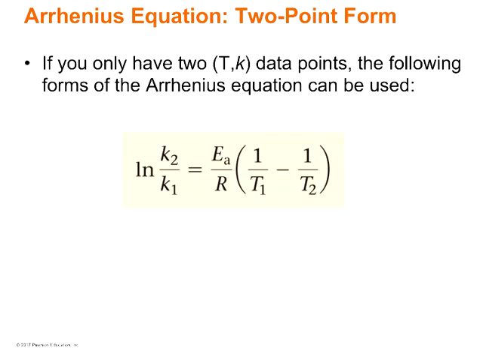Now there is another form of the Arrhenius equation. This is kind of similar to the Clausius-Clapeyron equation that we saw in Chem 162. So this is the 2-point form, and if you only have 2 data points, so 2 temperatures and 2 rate constants, you can use the following form of the Arrhenius equation to solve for the activation energy, or maybe if you have the activation energy, you could try to solve for a rate constant or a temperature.